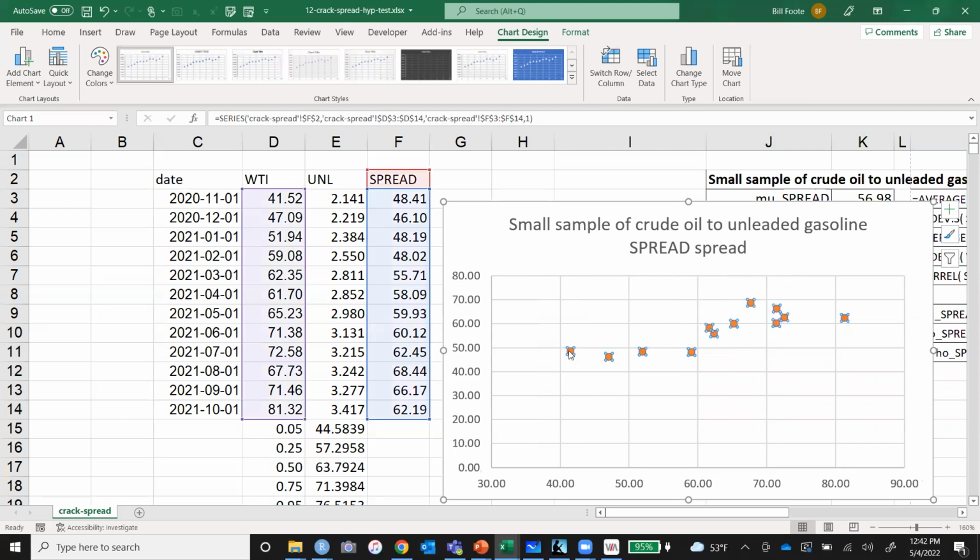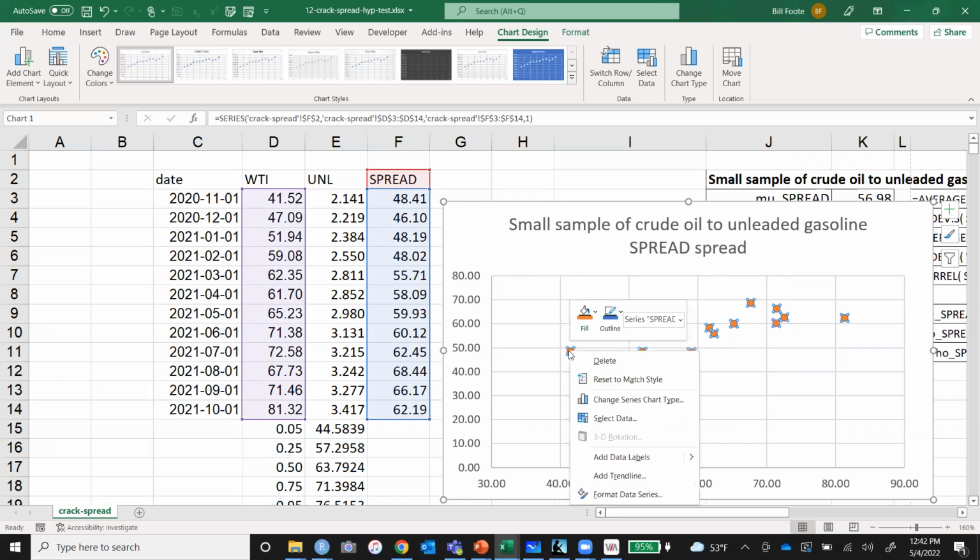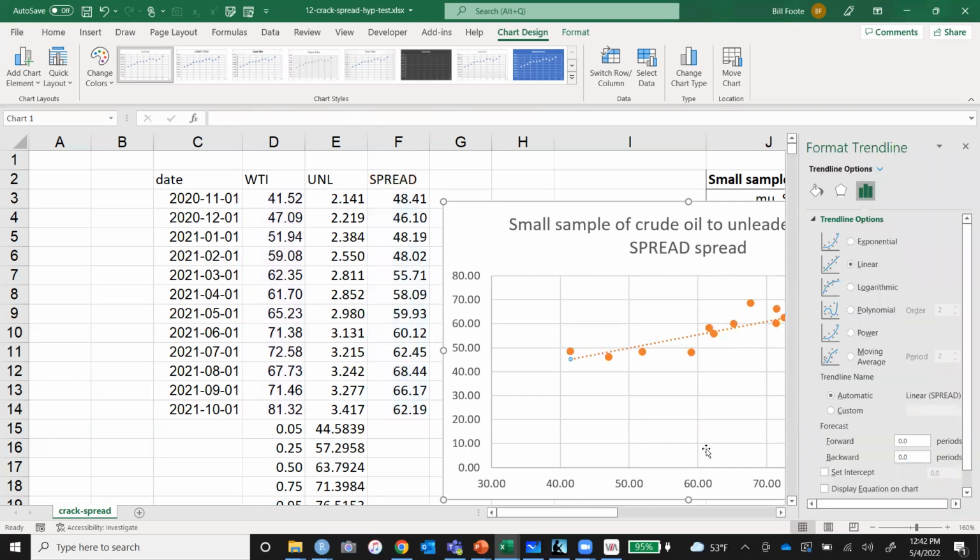And let's just click on one of those points in the scatter plot, right click. Okay, format. Add trend line is the thing I'm looking for. You can actually put a trend line in there. You can see it's already popping in there.